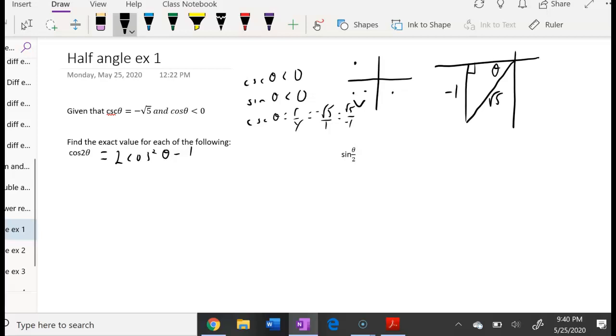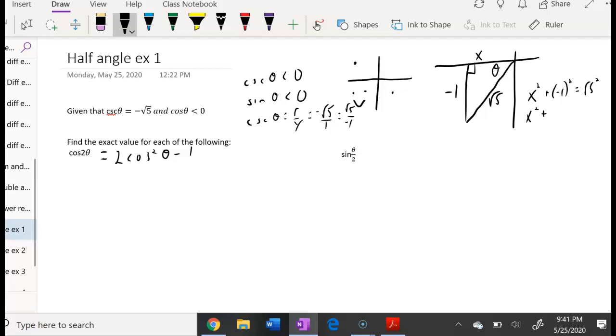And we're going to use Pythagorean theorem to find the x value. Once we have a good reference triangle, as long as everything's correct on that, we should have an easier time doing the rest of the work. So we're looking for x right now, and we know that x squared plus y squared, which is negative 1, equals rad 5 squared.